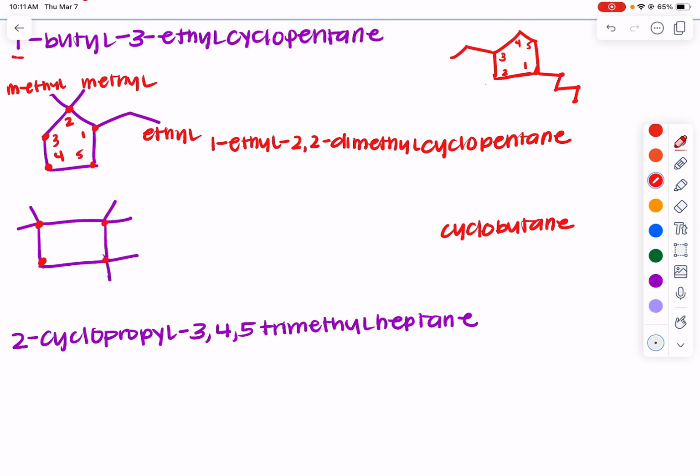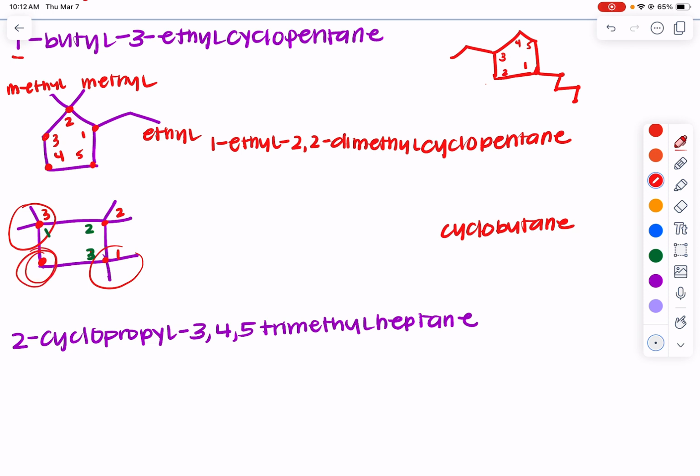Now, this carbon or this carbon has to be carbon number 1. If this is carbon number 1, then this gets to be 2 and 3. If this is carbon number 1, then this is 2 or 3. This ensures that we have the lowest amount of numbered carbons on our substituent.